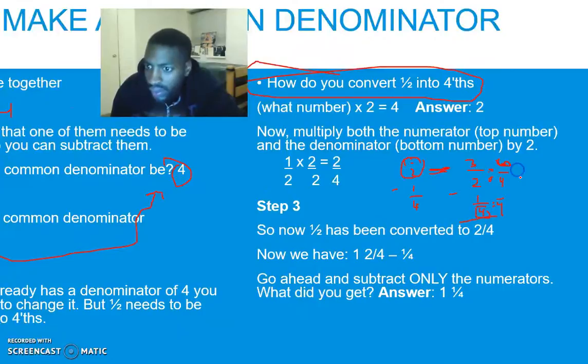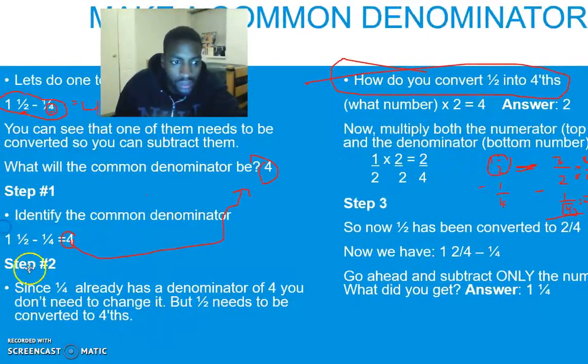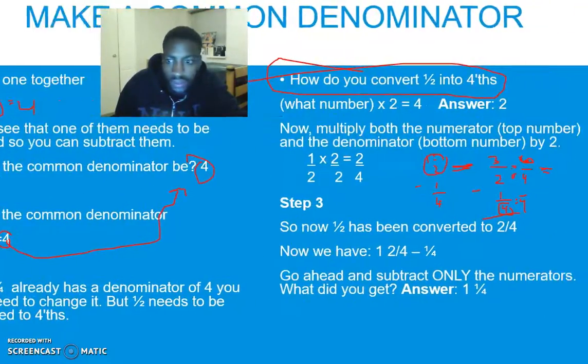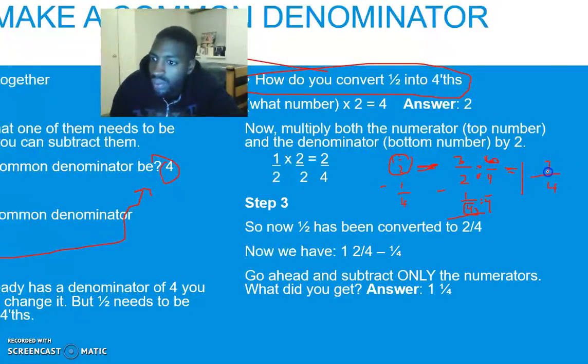If you want to change it back to what it left off with, you just come and change it. So 6/4 would be 1 2/4. See, the same. We have now 1 1/2.